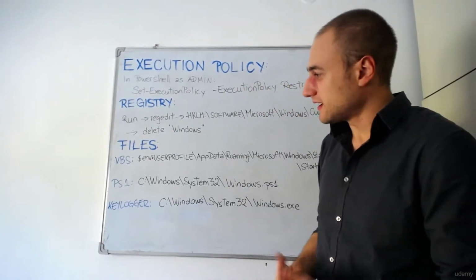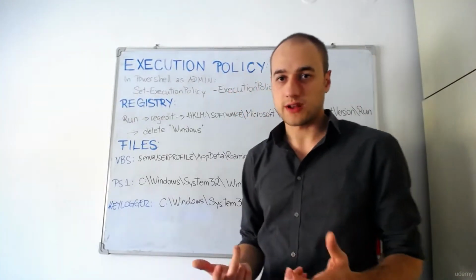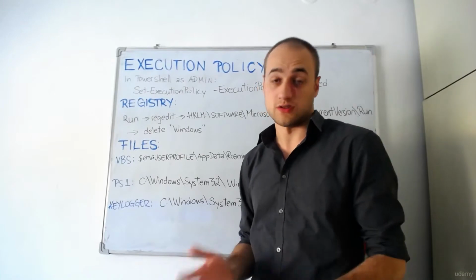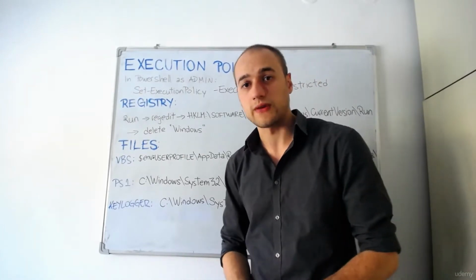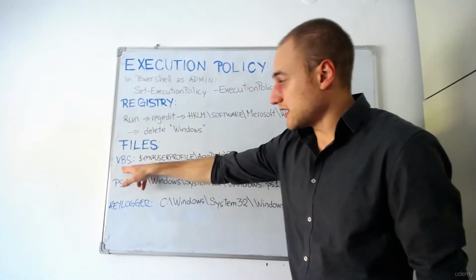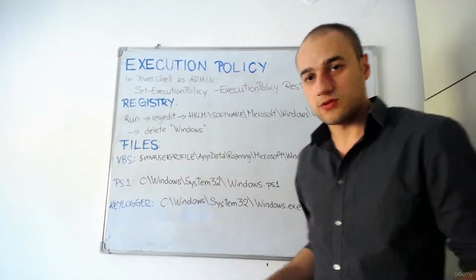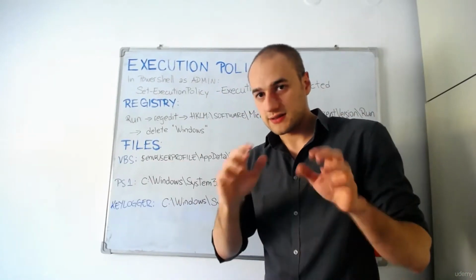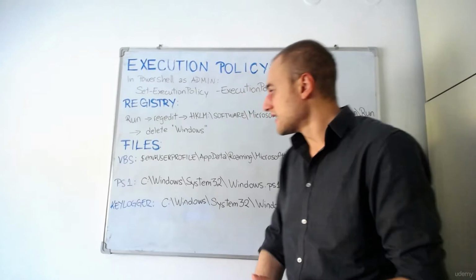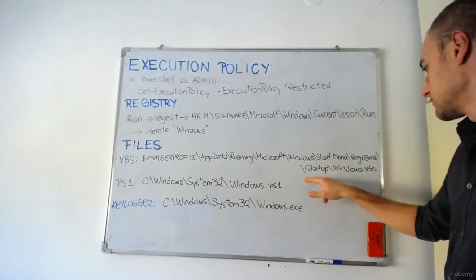As far as the files are concerned, if everything ran correctly, the scripts will self-destruct, but in case you had a failed run, you can delete the scripts manually. The VBS script is here. You can open up PowerShell and type in cd, and then just type all of this out, and it goes into the next line.